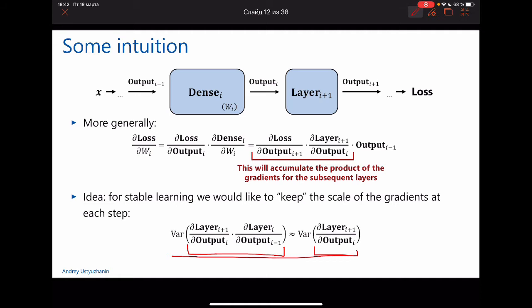It means that the gradient doesn't change much as we traverse through the layers and compute the gradient in our backward pass.